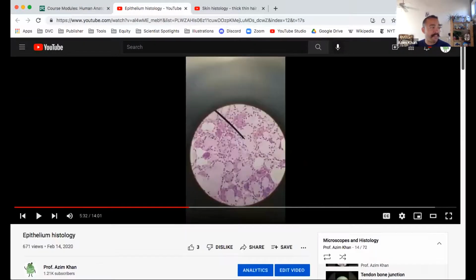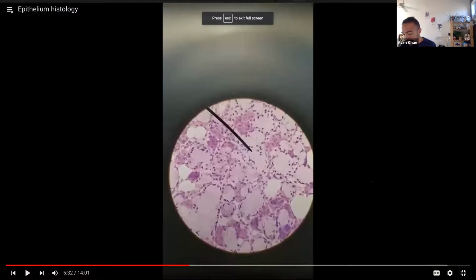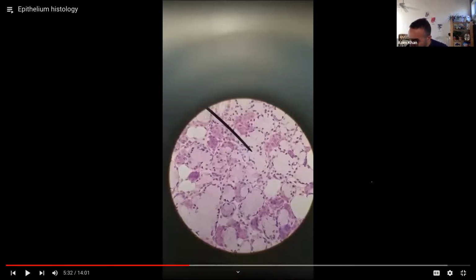Looking at epithelium histology, we're looking at 400X, the salivary gland. We can see a lot of different cells here. One group of cells, like this one here, you can see that there's a bunch of cuboidal cells surrounding a lumen, which I'll color in black, the lumen.